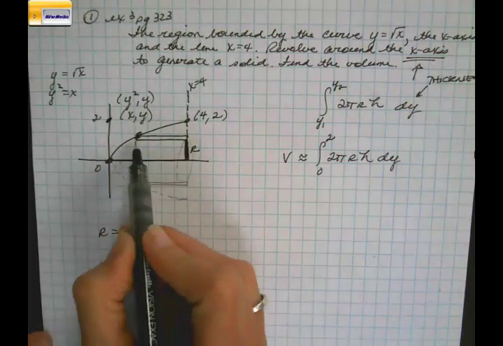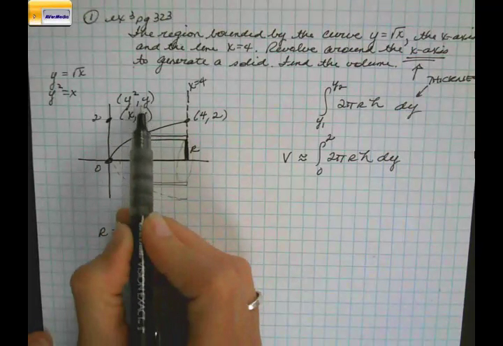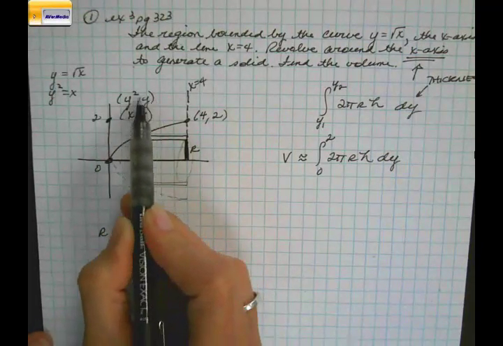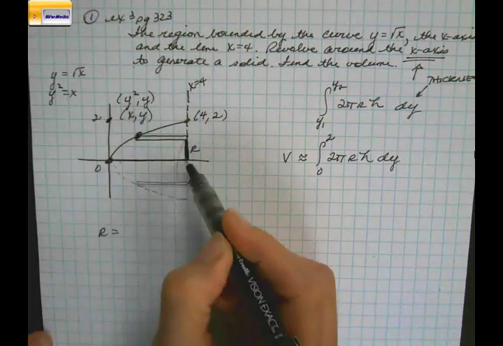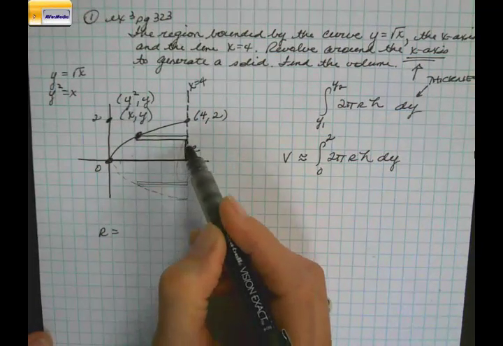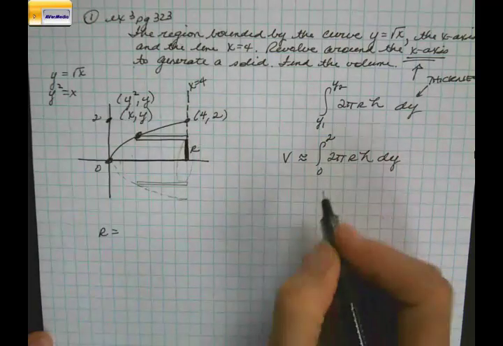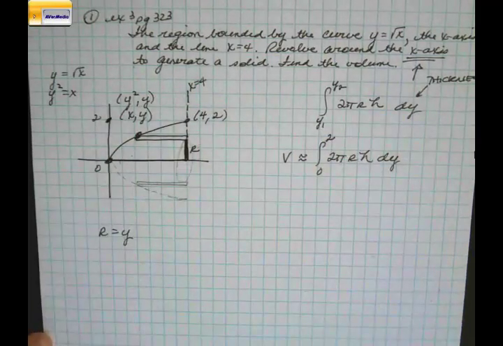I keep putting it over here because it makes more sense, but this is r, which is this y value. This y value that I'm circling is the radius from the axis of rotation to my cylinder. That distance is y. So my radius is y.